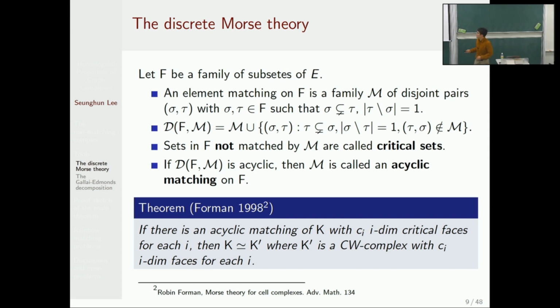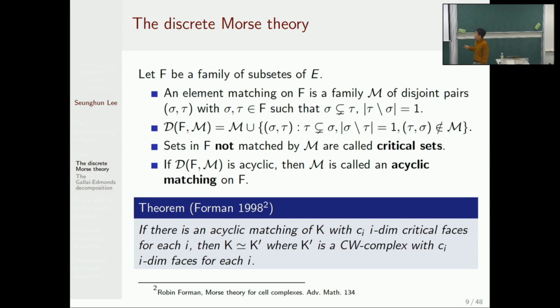Discrete Morse theory was formulated by Robin Forman in 1998, and the original formulation is somewhat different, but the most common contemporary setting is the following, I think.